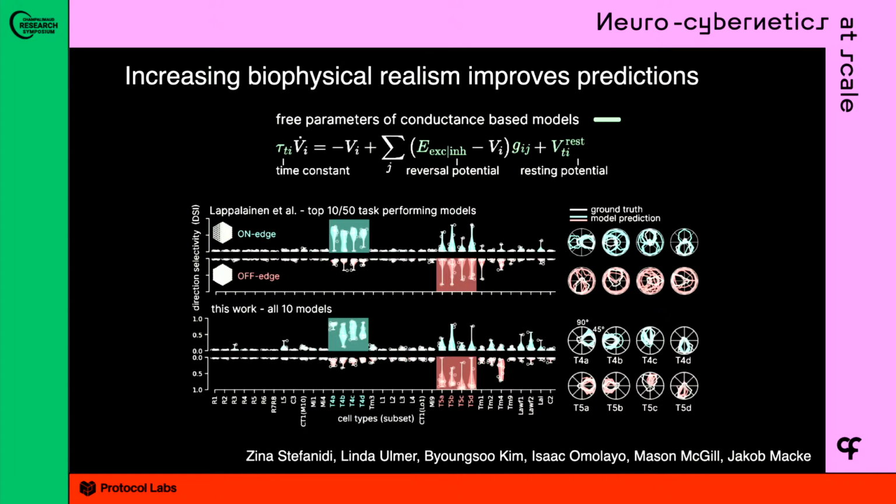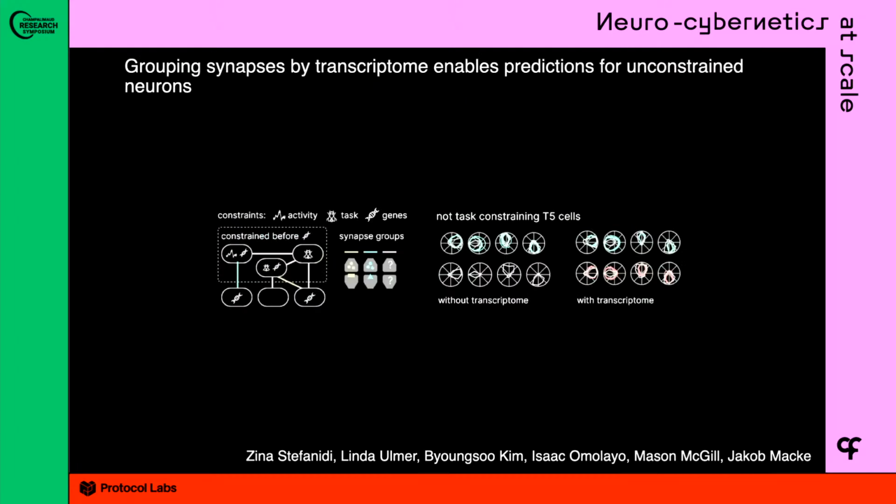So this is teaching us that getting the connectome right, getting all the details of the connectome, really helps, but also getting the biophysics right helps. So we're gradually increasing the biophysical complexity, and it seems like that helps.